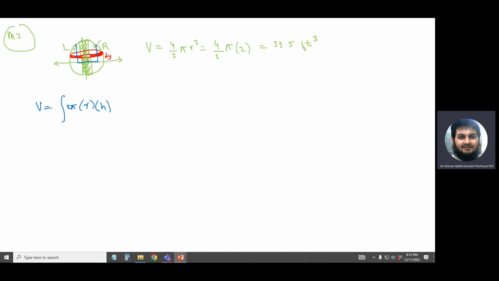We are placing it along the x-axis, so the distance between one shell and the next is very, very small, like dx. That will be the variable for the integration. What should be the limit of this integral? If we look closely, the distance from this point to this point is the square root of 3. That was the hole that was bored. And our solid, which we are looking for, starts from this point where x equals the square root of 3.